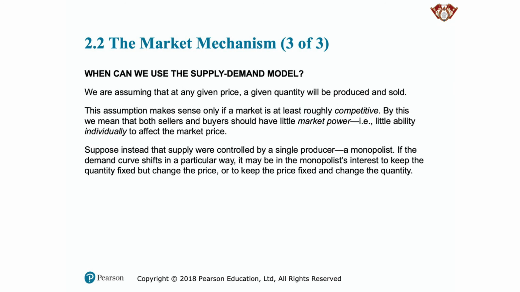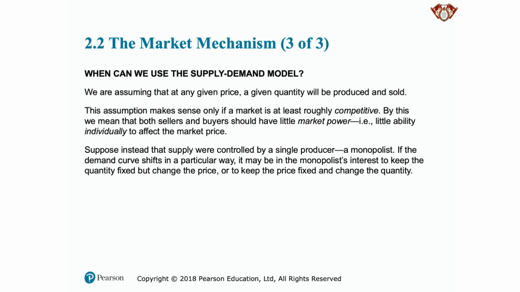So when can we use the supply-demand model? We are assuming that at any given price, a given quantity will be produced and sold. This assumption makes sense only if a market is at least roughly competitive. By this, we mean that both sellers and buyers should have little market power, little ability individually to affect the market price.